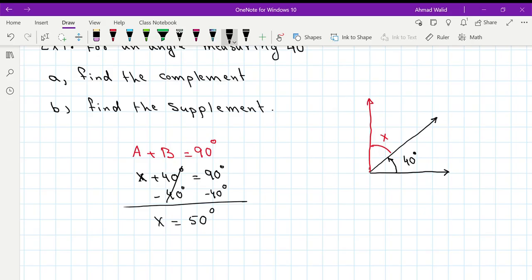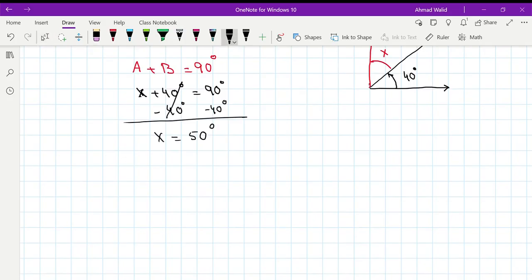Correct? Part B. Again, draw your angle, 40 degrees. For the same 40 degree angle, they are asking you to find the supplement. You already know the definition that supplementary angles create 180 degrees. It means this part should be X, and we know the total is 180.